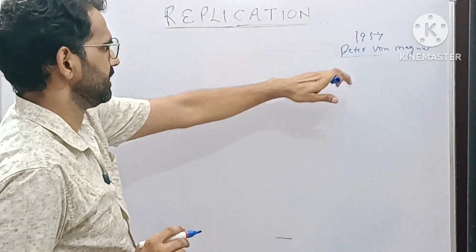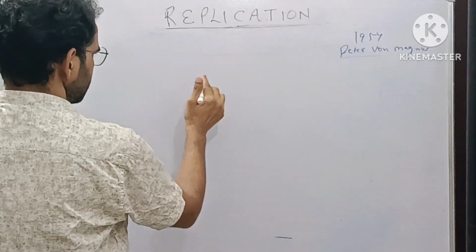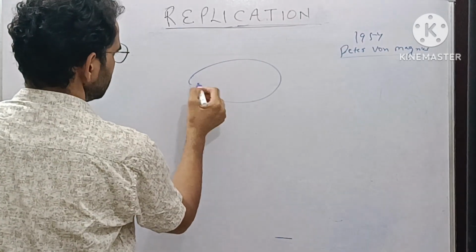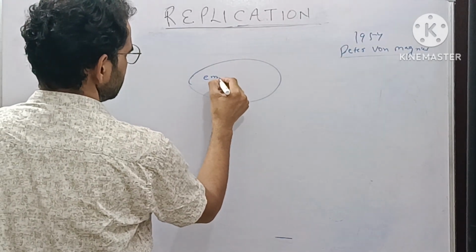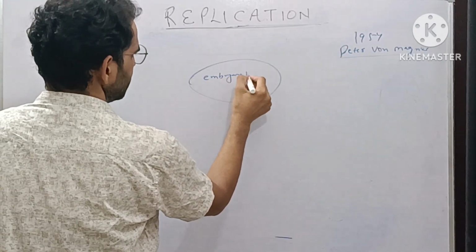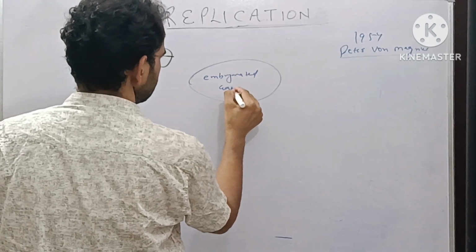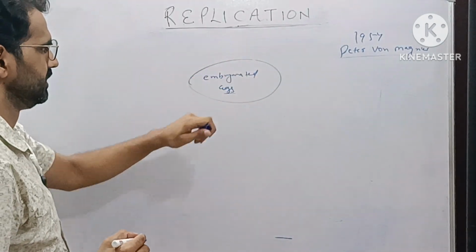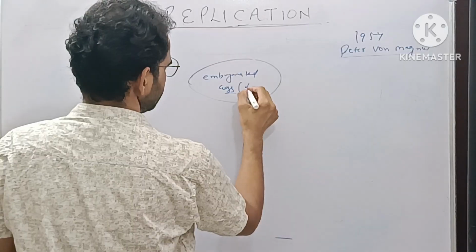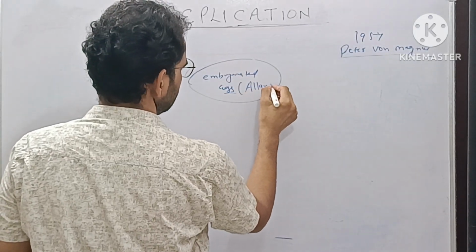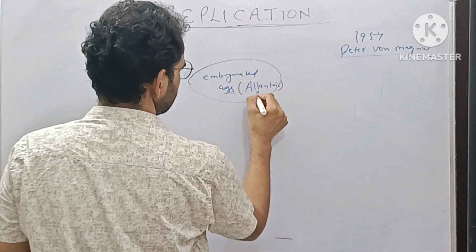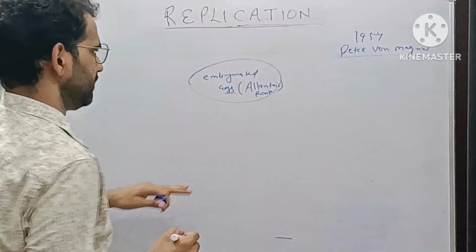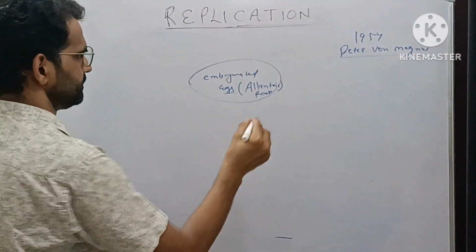Peter von Magnus was working with embryonated eggs, and which route? Allantoic route. He was working with the allantoic cell route.